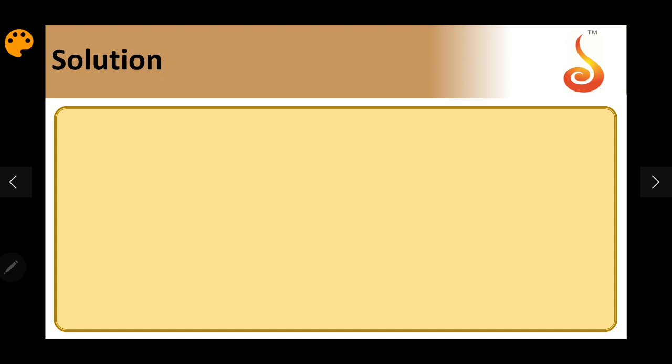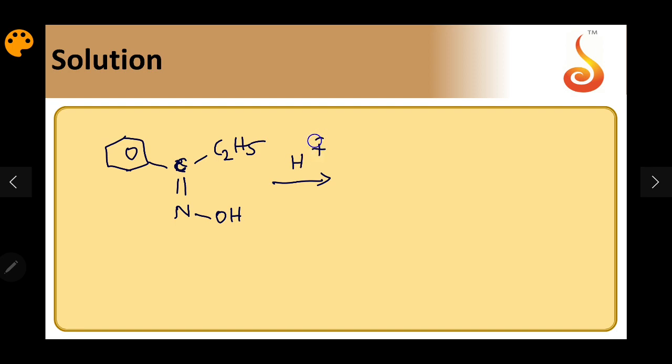So the same compound I'll take now, benzene, carbon, C2H5 ethyl group, double bond N OH. If I take H plus, the migratory group is benzene now because OH is here, anti group is this. So this will migrate to nitrogen. So I'll get the amide as C2H5, C double bond O, NH, Ph.